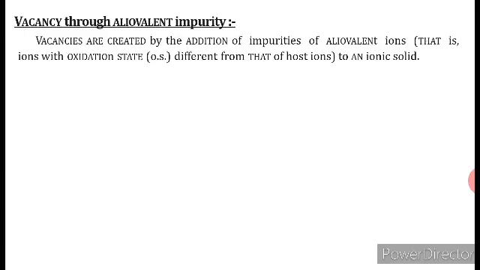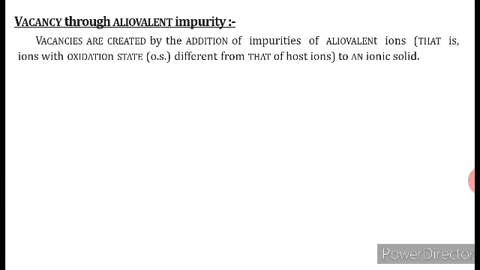Suppose you have taken the crystal of sodium chloride. All cations have a unipositive charge, anions have a uninegative charge. Suppose a bivalent cation is mixed with this sodium chloride crystal.